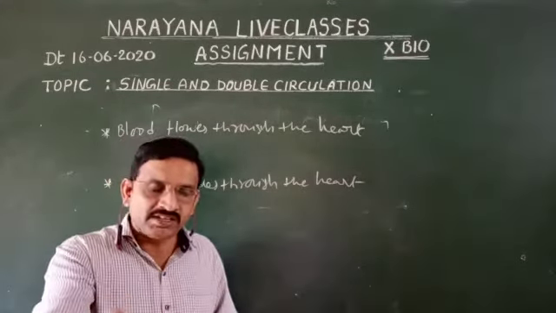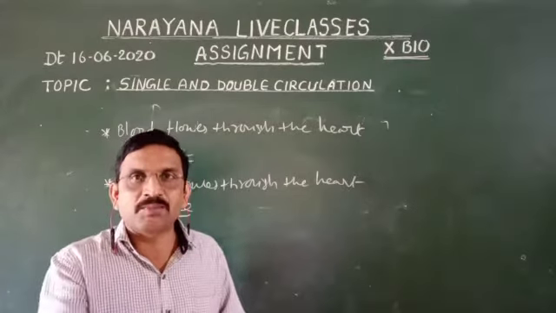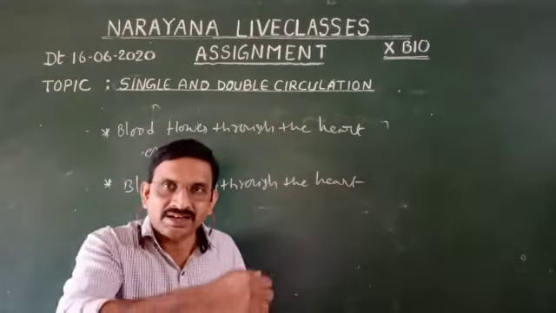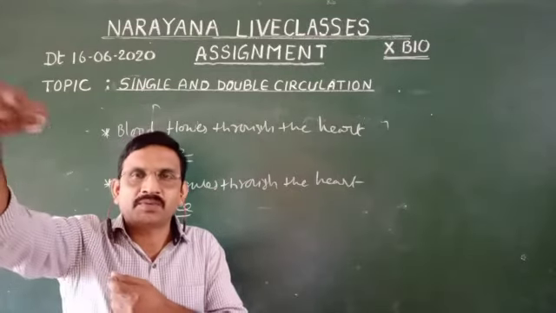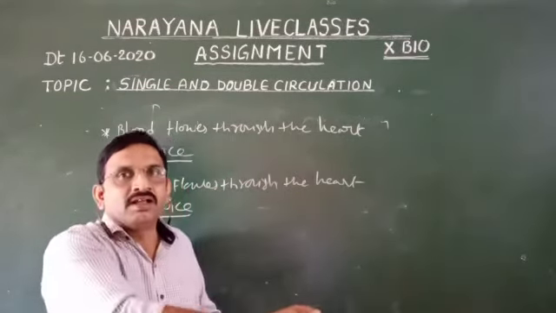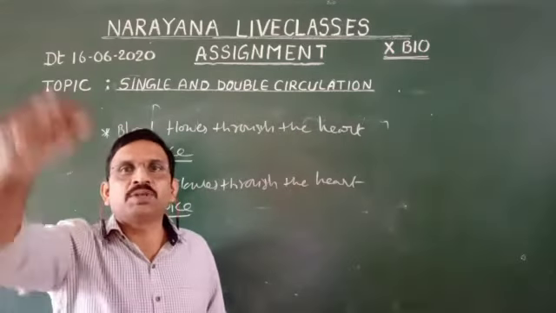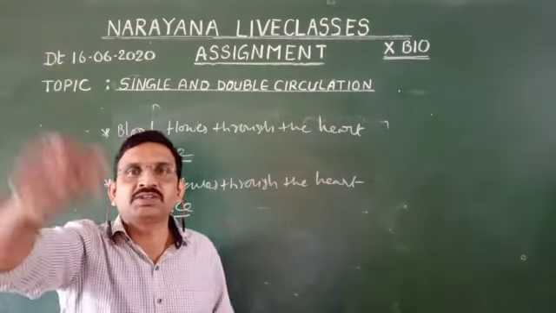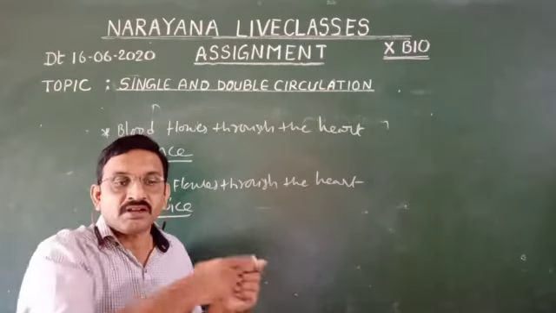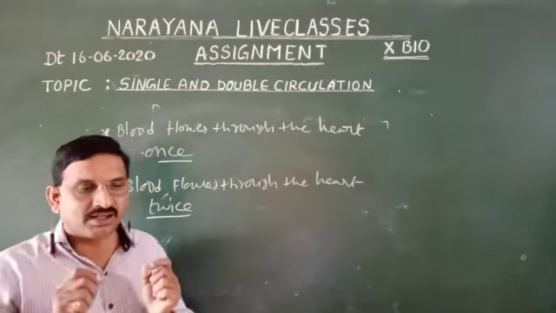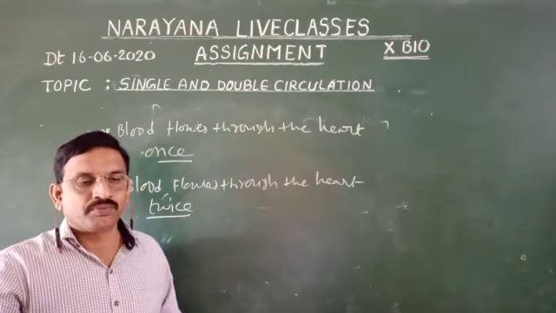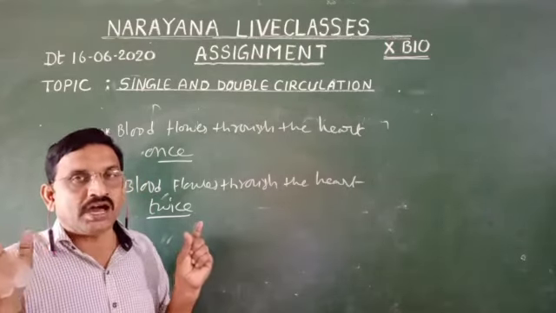After purifying the blood in the gills, it is supplied directly to the body parts. In double circulation, oxygenated blood from the respiratory organ is sent to body parts through the heart.